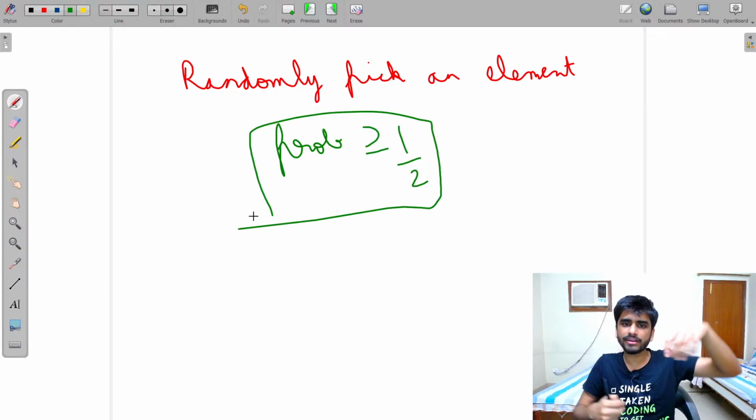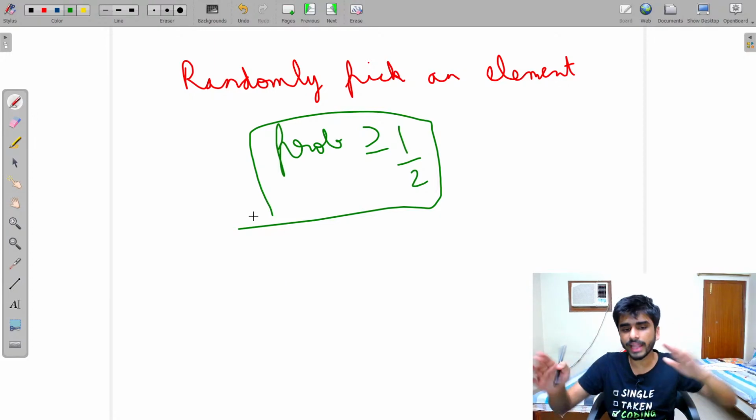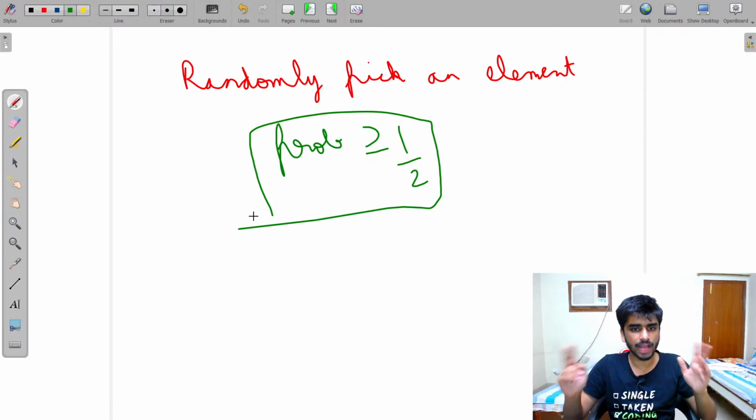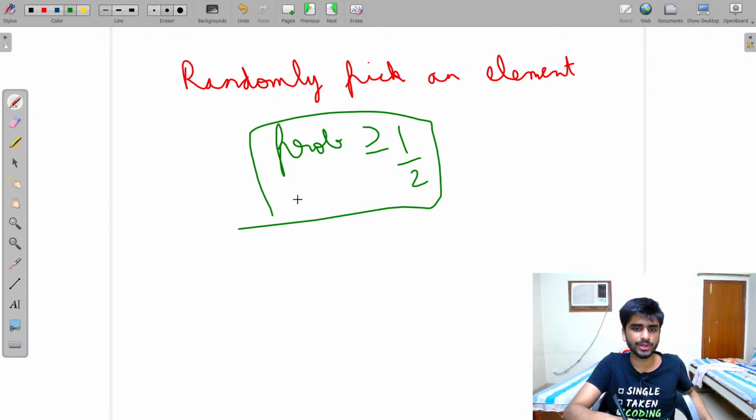So the probability that a randomly picked element is equal to the mode is greater or equal to 1 by 2, given that at least half of the elements are equal.